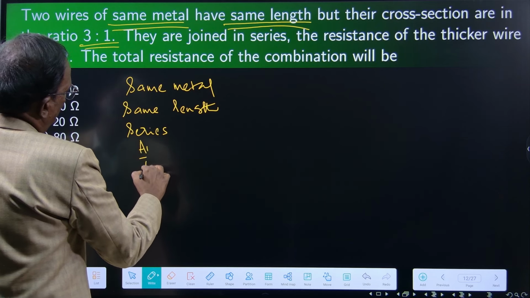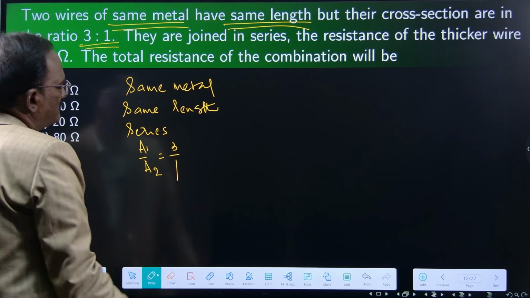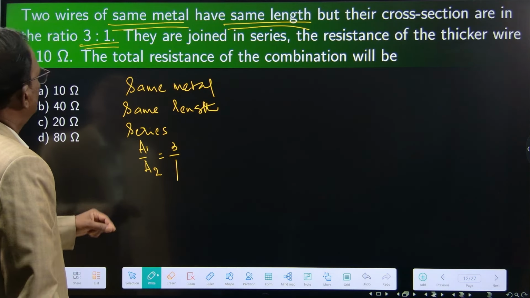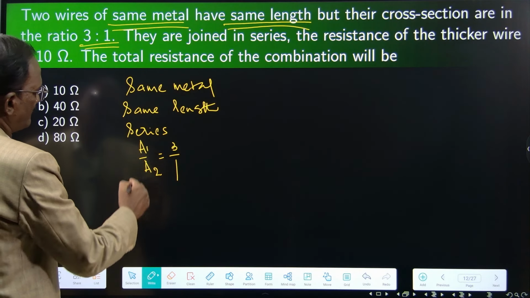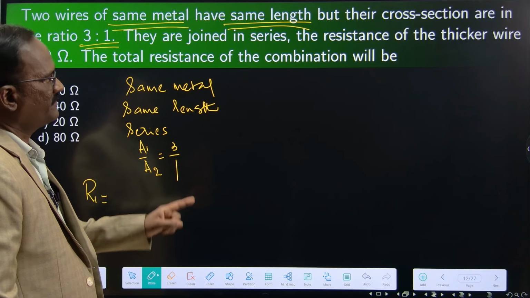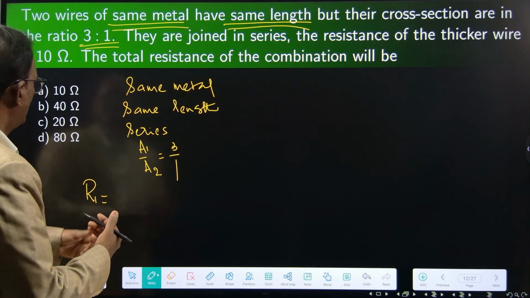Cross-sectional area A1 by A2 is equal to 3:1. The resistance of the thicker wire, so thicker wire means R1. The resistance of first wire, that is thicker, 3:1, right? It is 10 ohms.